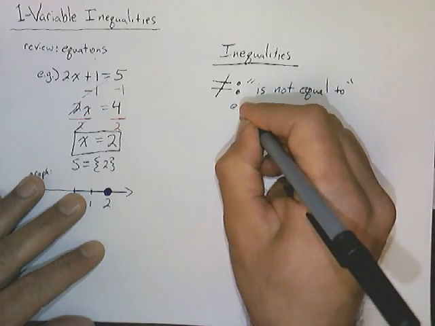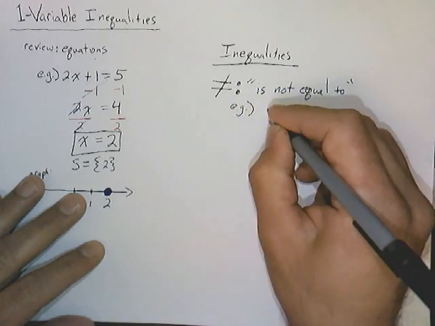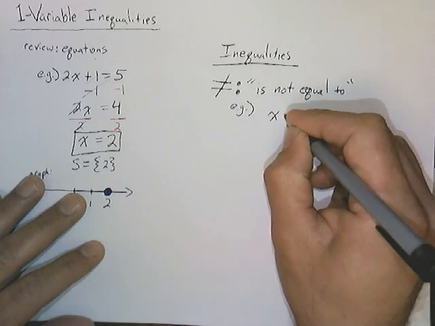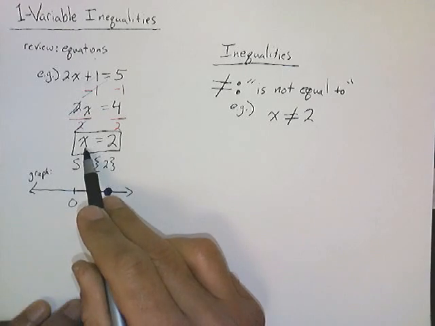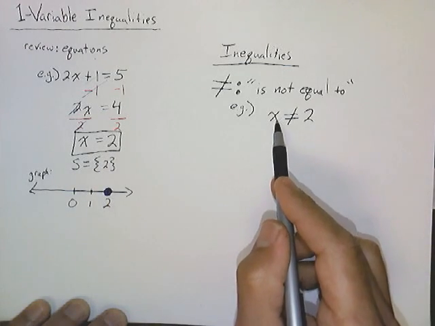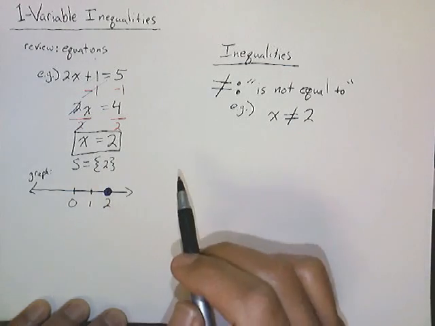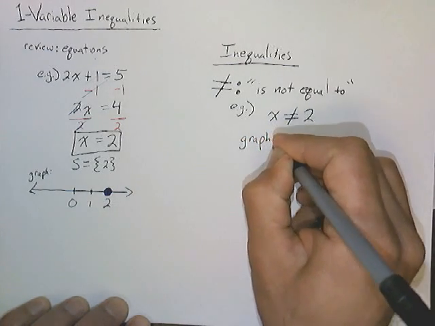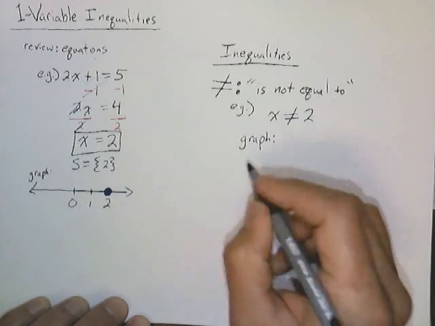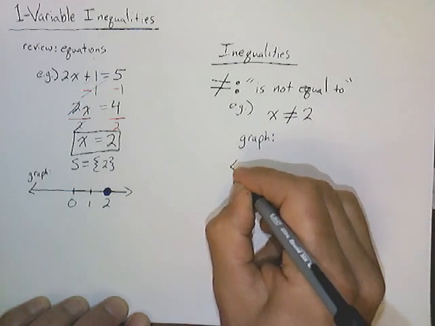So for example, you might have the inequality of x is not equal to 2. Over here with the equation x equals 2, here's the inequality of x is not equal to 2. Okay. And of course, we could graph this as well. Again, one variable, so we're on a one-dimensional space, the number line.